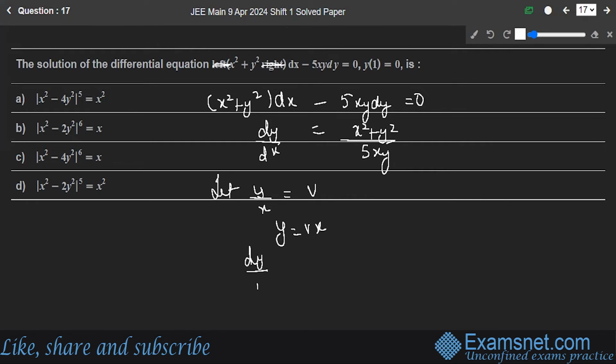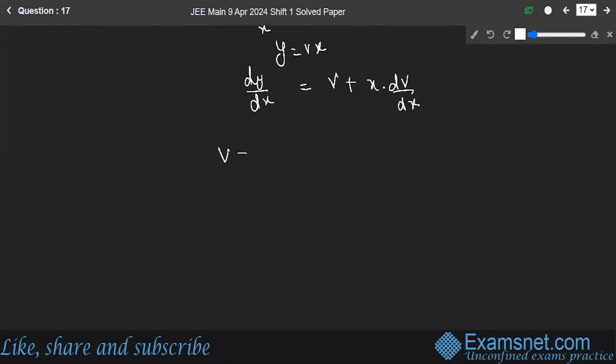Therefore, dy by dx will be equal to first function into derivative of second plus second function into derivative of first. This will give you v plus x into dv by dx.